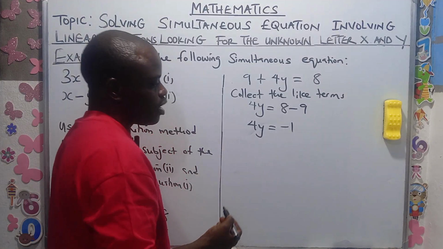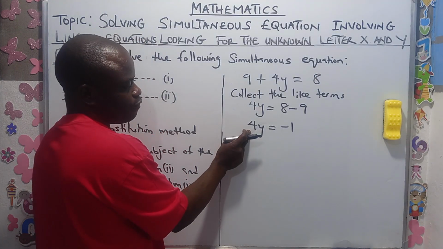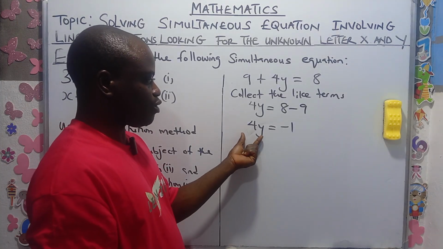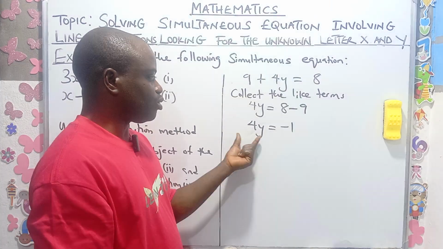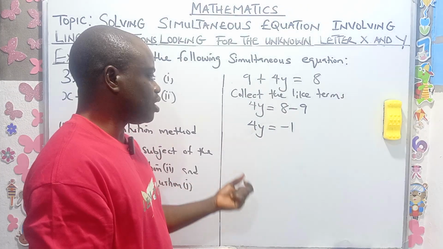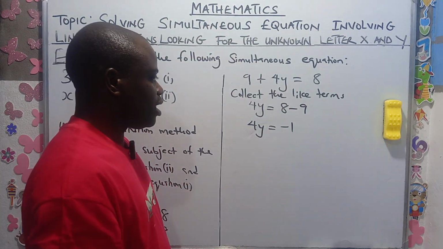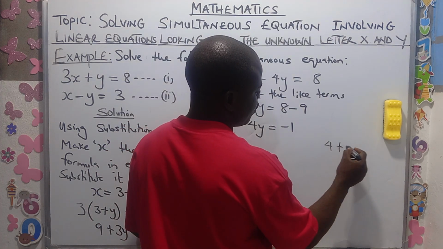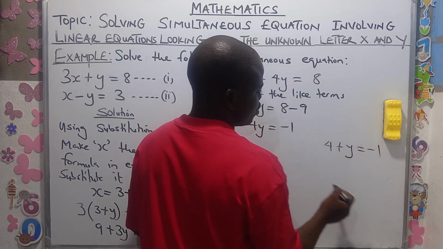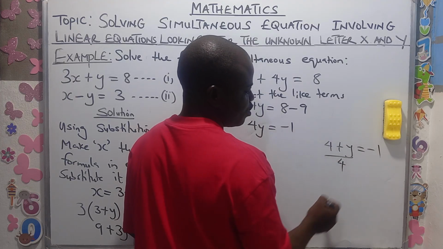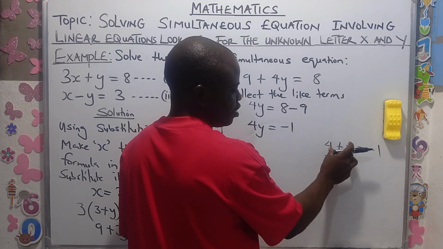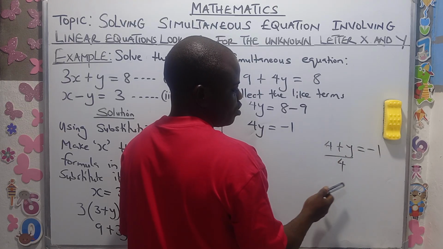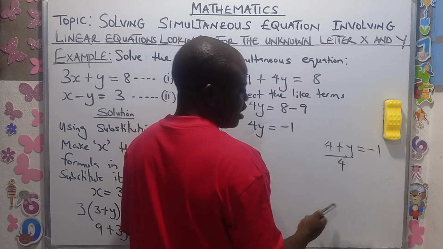Now I want to look for y. I have to divide both sides by 4. 4 times y is a product, it is multiplication. Some students get confused and make mistakes. When you have 4 plus y equals minus 1, some students make the mistake of saying divide by 4. No. When you have addition or subtraction between 4 and y, you have to collect the like terms.